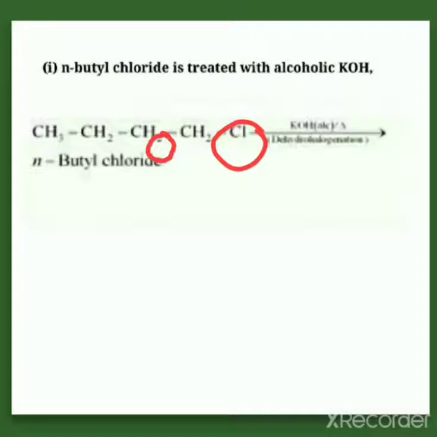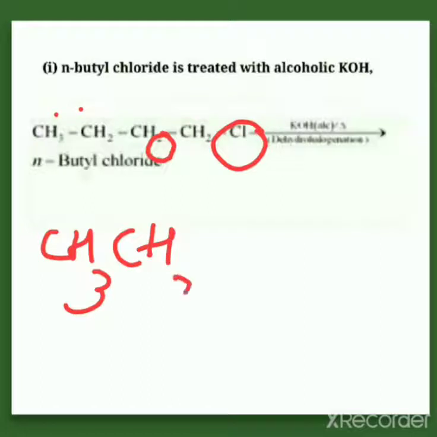The rest of the portion you write as it is, that is CH3, then CH2, as in the structure on the reactant side. Then because one hydrogen is removed, one hydrogen is left here, so we write CH.